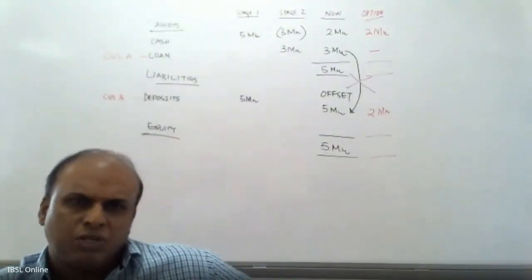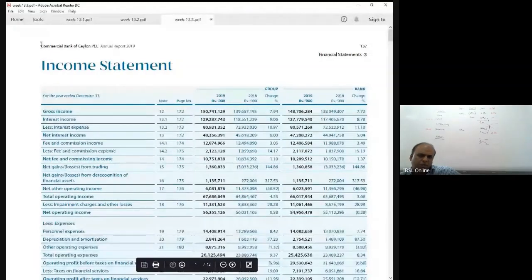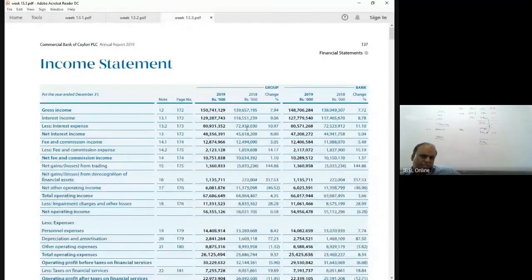This is, of course, extracted from the annual report of Commercial Bank for the year 2019. Now, when you look at this financial statement, this is actually the name given for the P&L. I'll come to that later. Now, what we are talking about is this. You see, the current financial year is 2019, which is shown in black. The numbers are in black. But what you see in the other column, which is 2018, that is your comparative column. So this is your bank and this is your group.